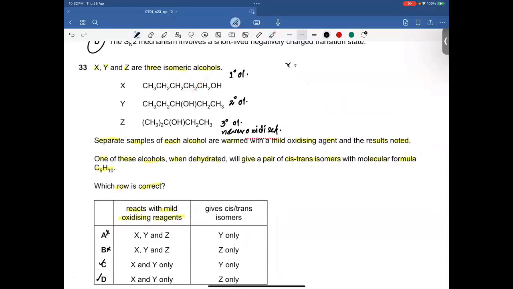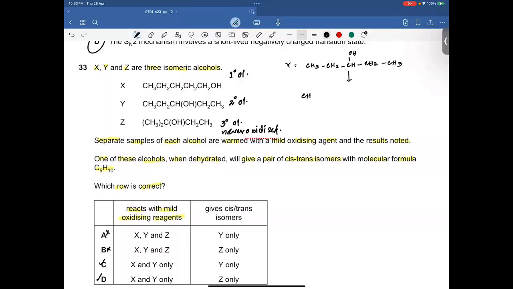Let's talk about Y. CH3, CH2, CH, OH, CH2, and CH3. According to my lecture, when you want to dehydrate any type of alcohol, just remove the OH from the carbon atom.